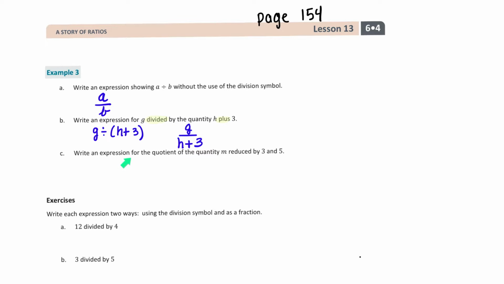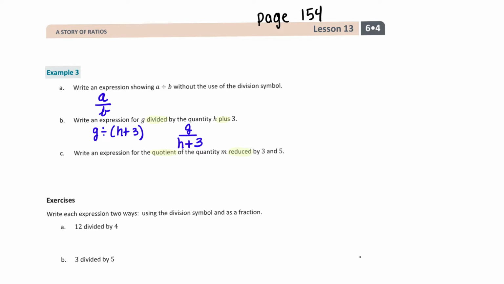Write an expression for the quotient of the quantity M reduced by 3 and 5. Let's take a few seconds here to underline keywords that represent a symbol in our expression. Well, quotient we said is division, and reduced we interpret as a subtraction.